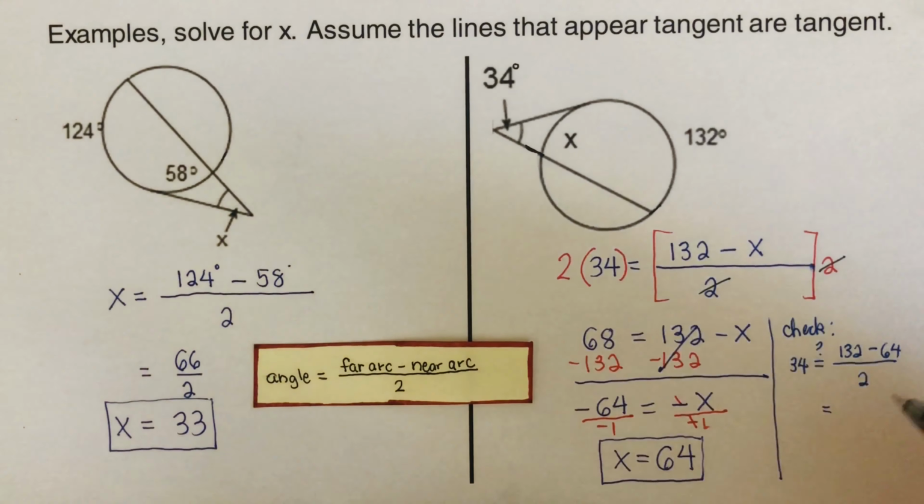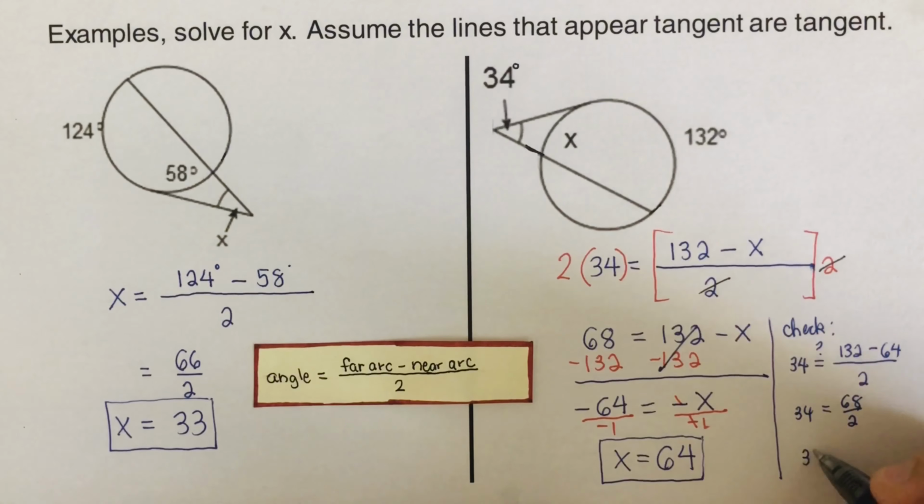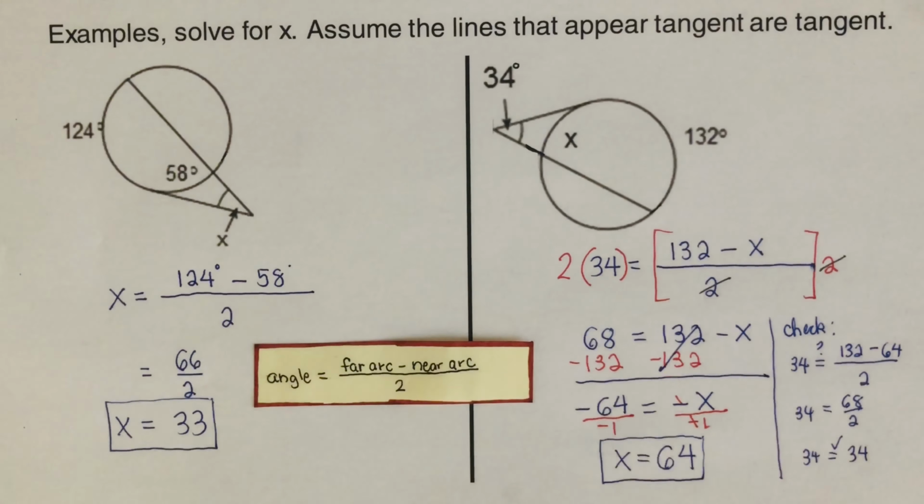This would come out to 68 divided by 2. So 34 is equal to 68 divided by 2, which is 34. So then the x here is 64.